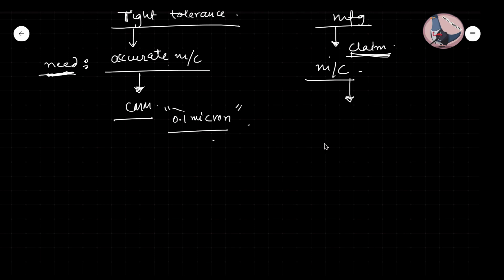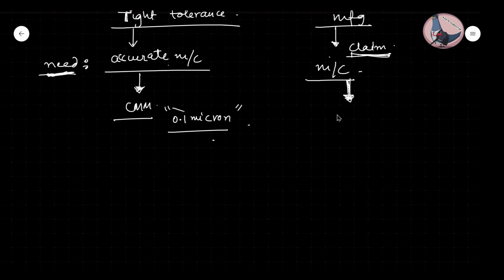Finally, they both will have some target. The manufacturer will try to guarantee the uncertainty. The manufacturer will also not try to cheat you. They will try to give you the best machine and best product, so that his name in the market is maintained.